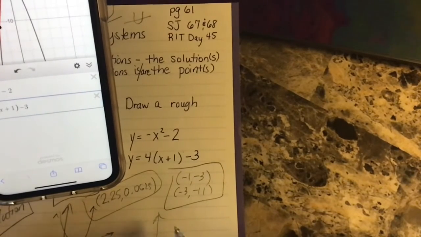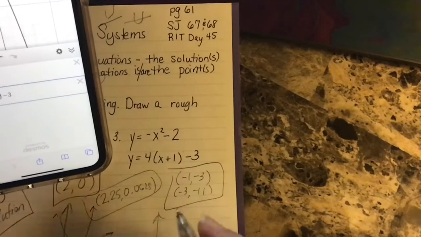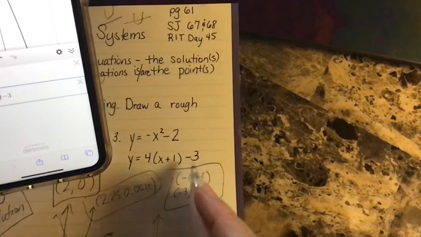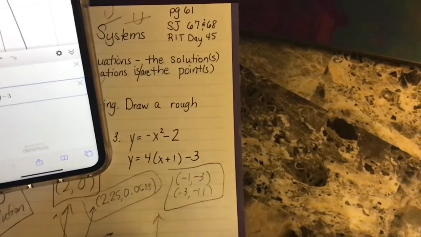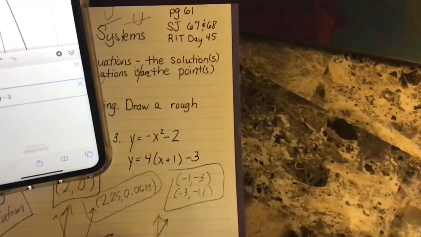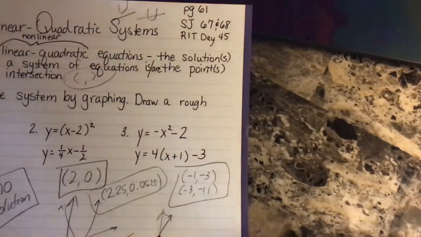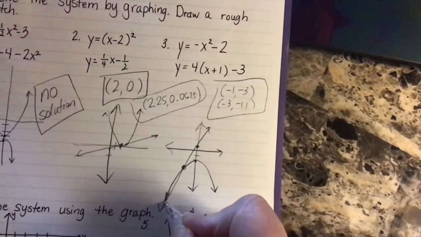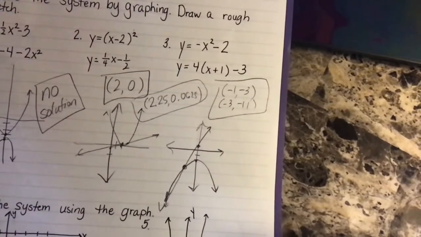It does say rough sketch. And the y-intercept here is 1, I believe. So it has two solutions. Oh, you all can't see that. Apologize for that. Yes, it has two solutions here and down there: -1, -3, and -3, -11.